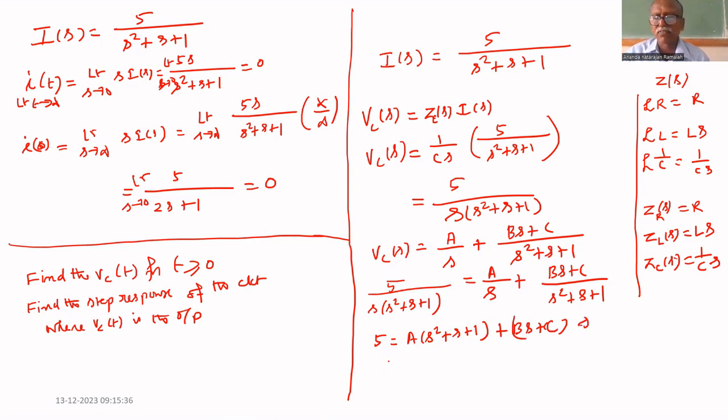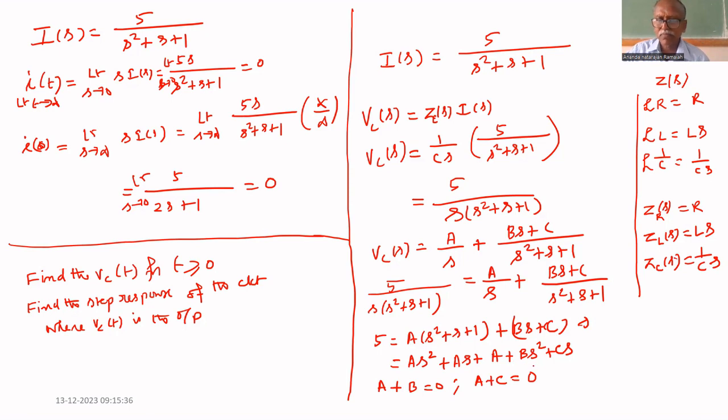Comparing the coefficient of s square, you will get A plus B equal to 0. Comparing the coefficient of s, you will get A plus C equal to 0.